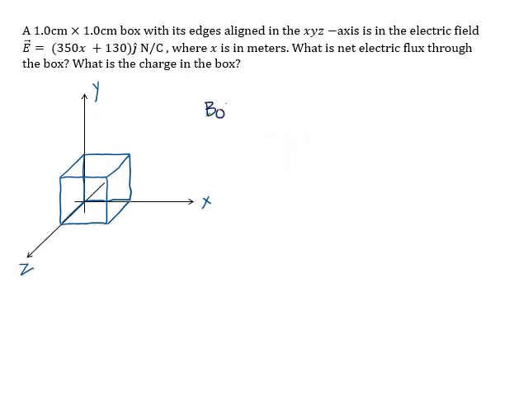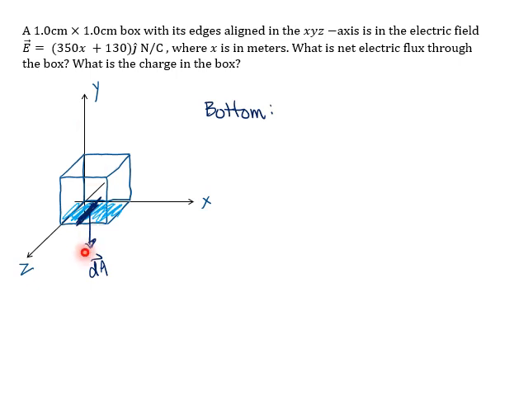For our bottom face of the cube, it's pretty much the same as the top face. When we pick our little element of area, there's our dA. The dA vector has to point straight out of the face, so this time it points down. When it was the top face, dA pointed up.